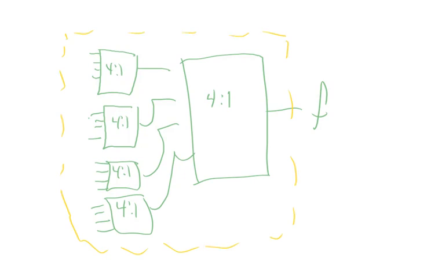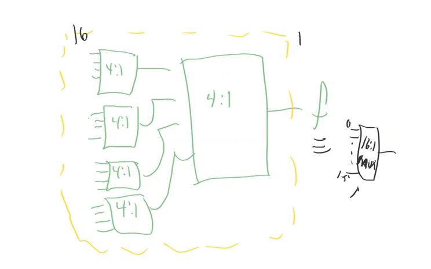Well, on one side, there's 16 inputs, and on the other side, there's 1 output. So this is the equivalent of a 16-to-1 mux, inputs 0 through 15.